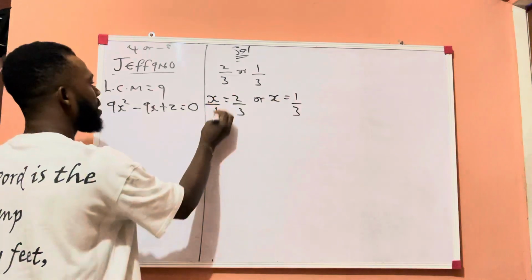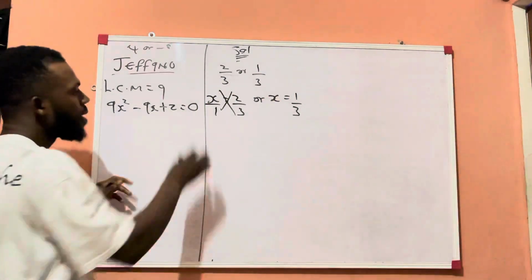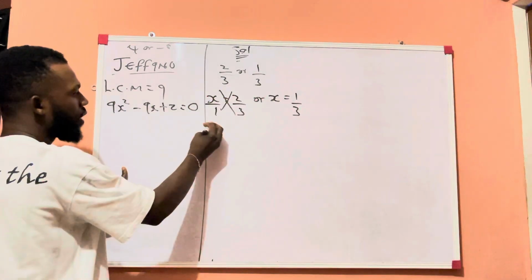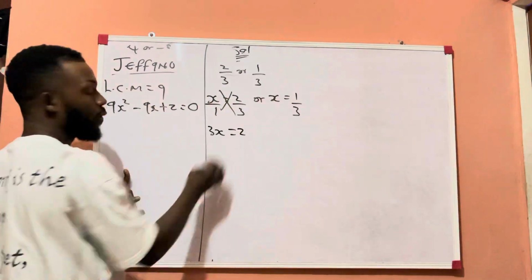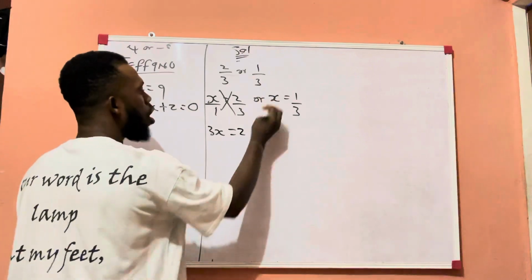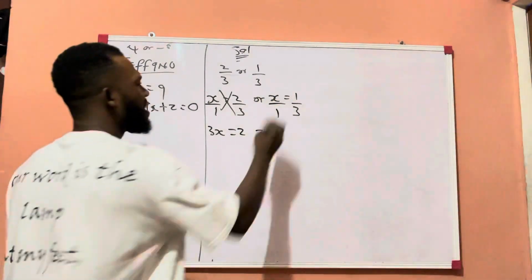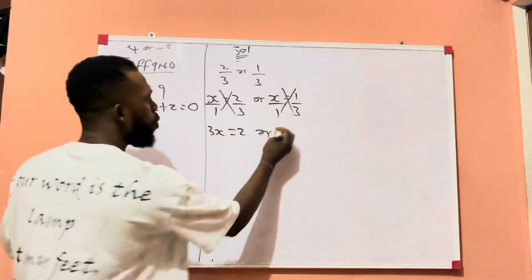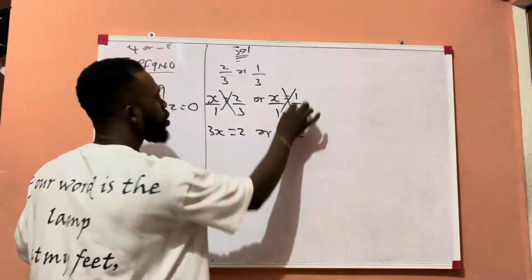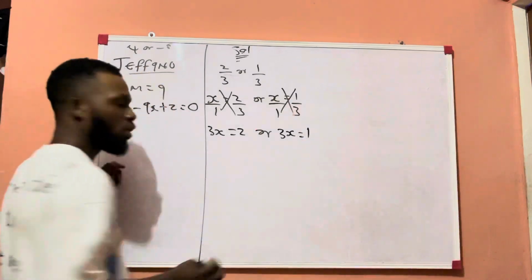Base x over 1, cross multiply. Now, x times 3 will give us 3x equal to 2 times 1 will give us 2. Or also base x over 1 and cross multiply. Now x times 3 will give us 3x equal to 1 times 1 will give us 1.